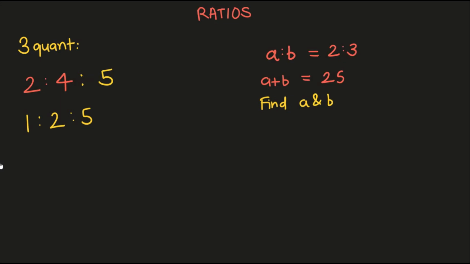So I'll take the blue color. Let's say A and B is equal to 2 is to 3. What we need to remember is that it's not necessary in this case that A and B are 2 and 3. Why is that? Because the ratio might have been written in its simplest form. The actual A and B might be divided by the same number to get 2 is to 3, but the ratio remains the same.